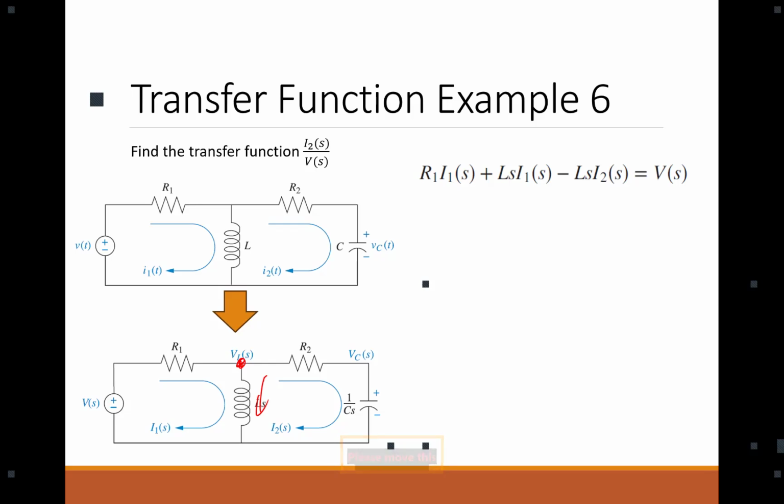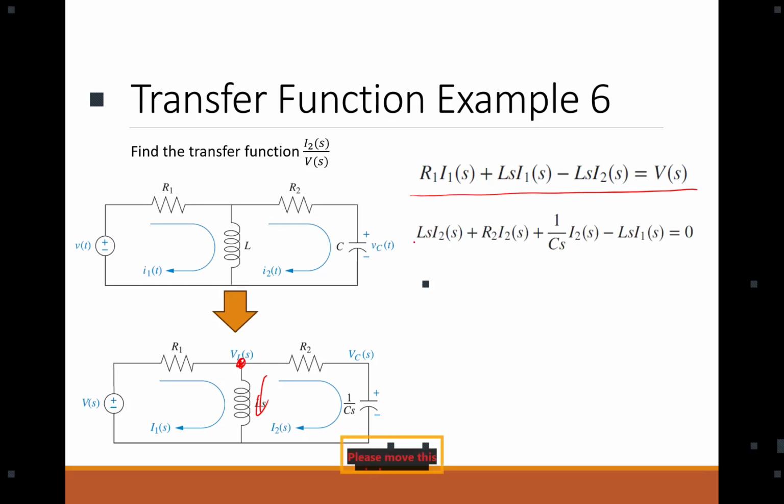This is KCL on V1. This is going to be the KVL in our first loop. And we know how to run a KVL again in our second loop. Is that clear? Any questions about those KVL equations? Are we good on that?